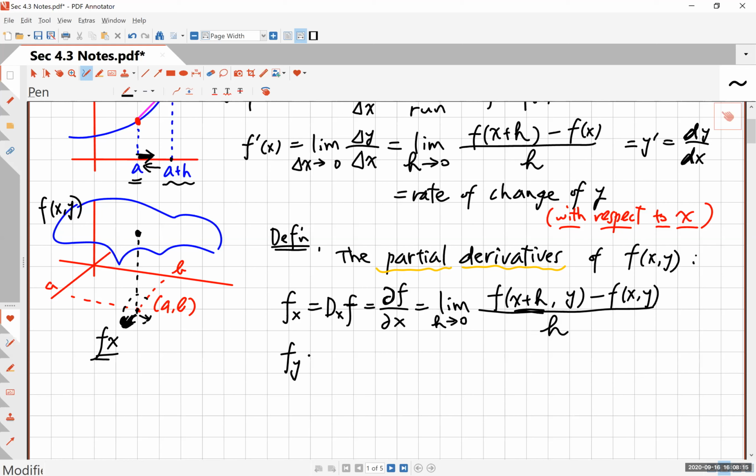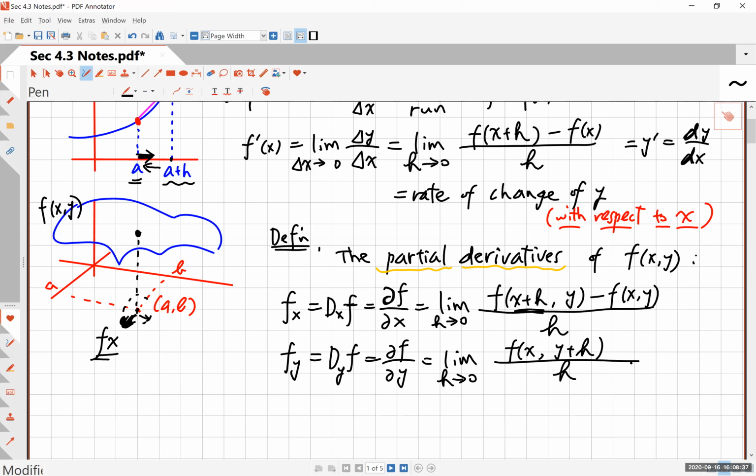And similarly, of course, f sub y is the partial derivative of f with respect to y, which is this partial f over partial y, and that is defined as the limit as h approaches 0 of, and you can probably guess this, f of x comma y plus h.